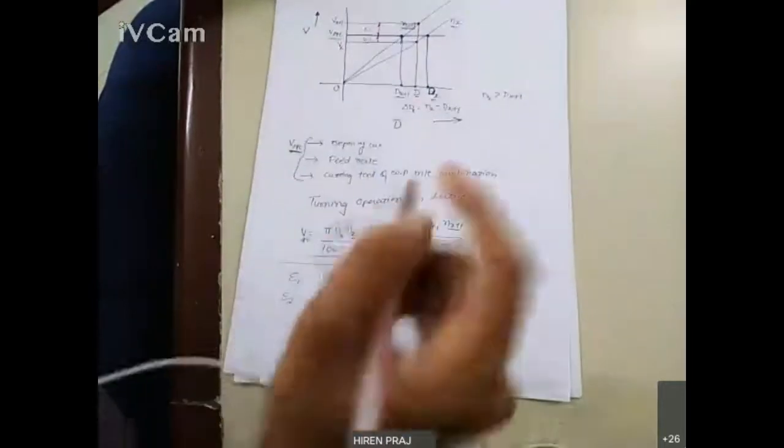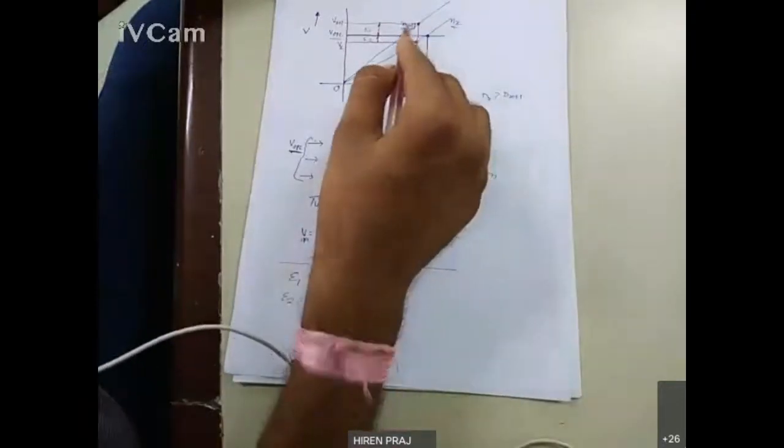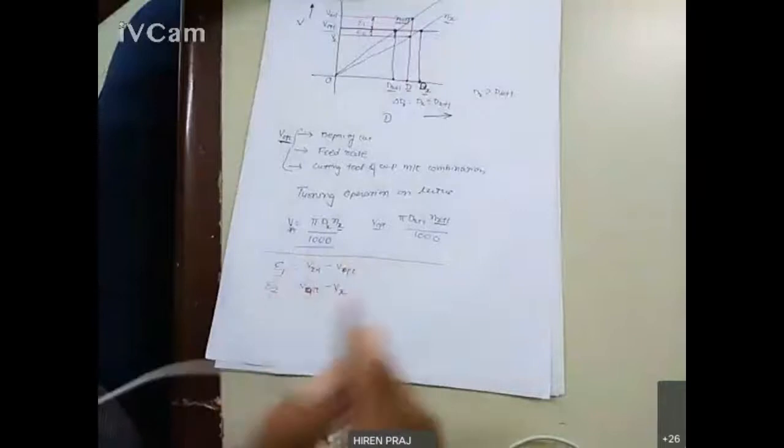Okay, now for turning of diameter D, whether to go for nx or nx plus 1 depends on the value of these two.